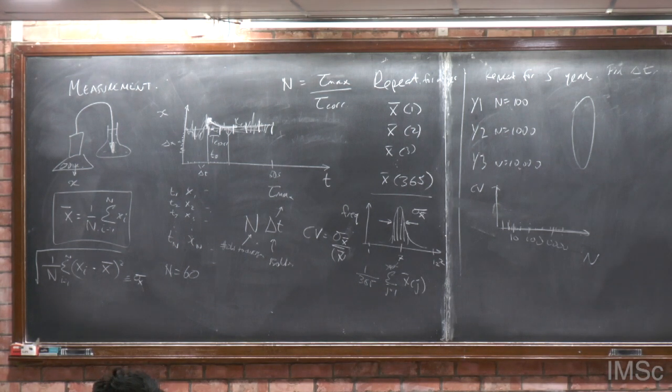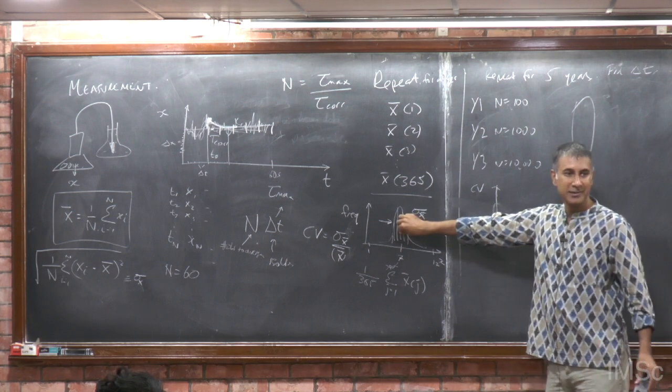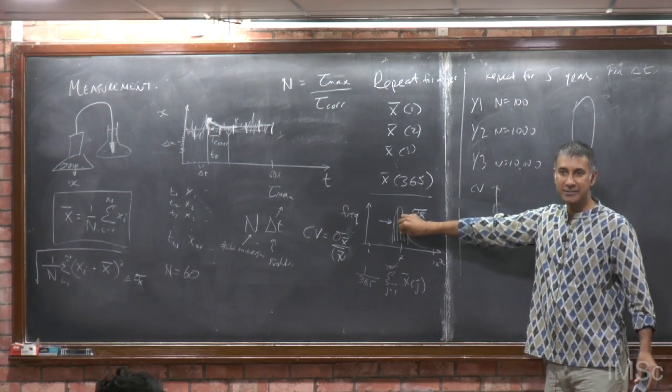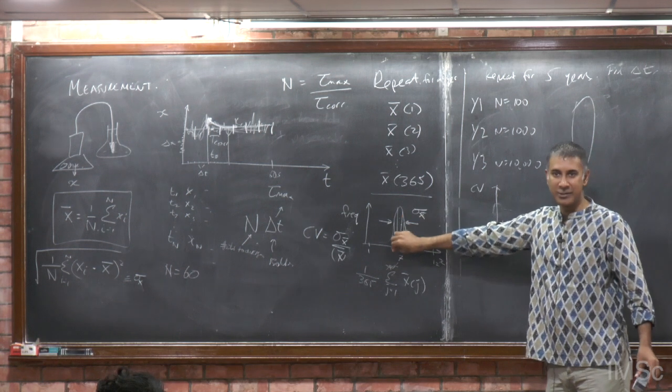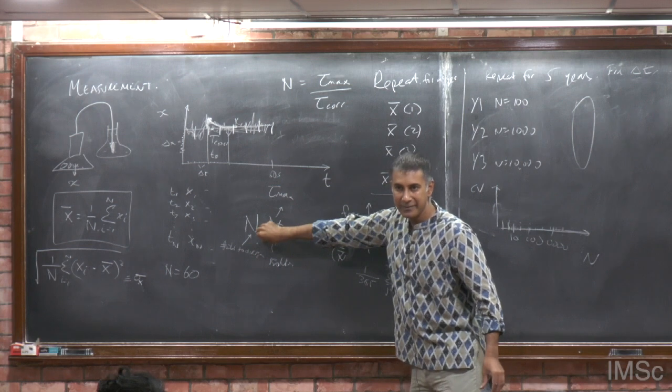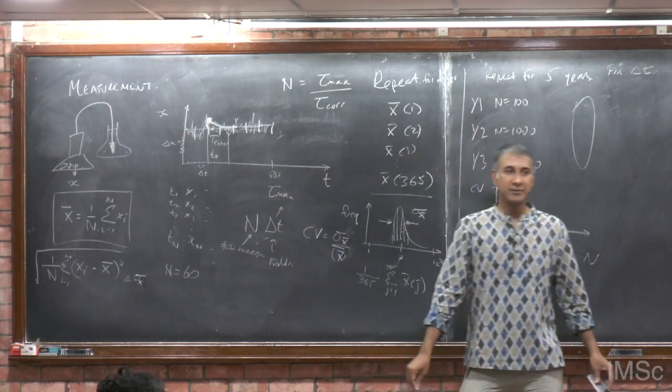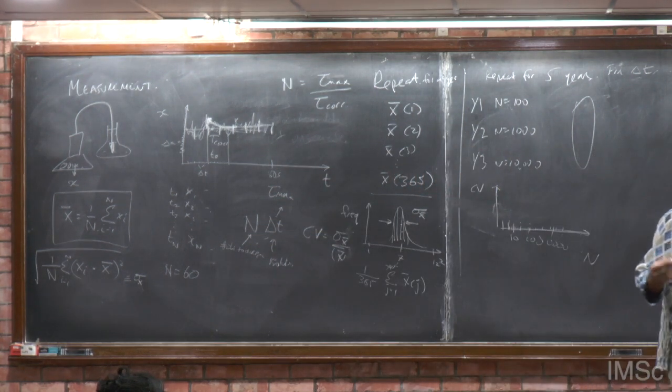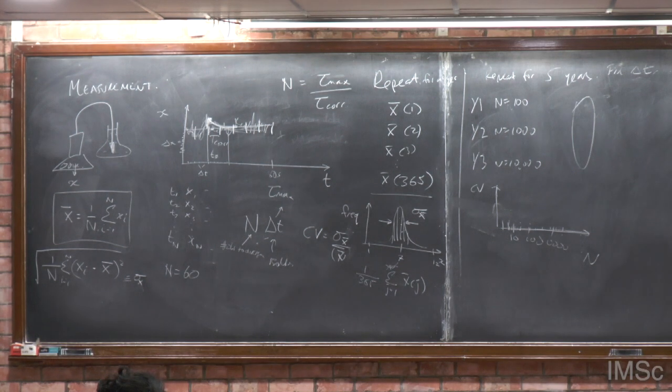If you've been awake during your statistics class, then in your sleep you should have been able to answer this question. What happens to the good enough value of this curve that you give your guide at the end of the year by making observations once a day, if the number of samples you took from the pH meter goes from 100 to 1000 to 10,000 in a single day, keeping delta t fixed but increasing your maximum time?